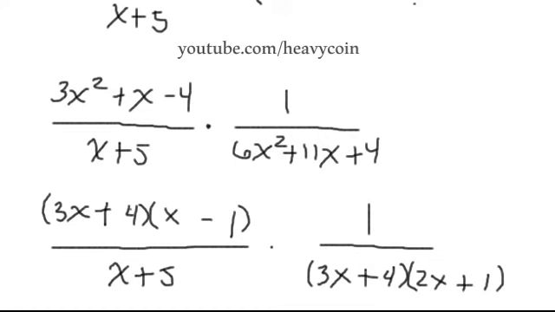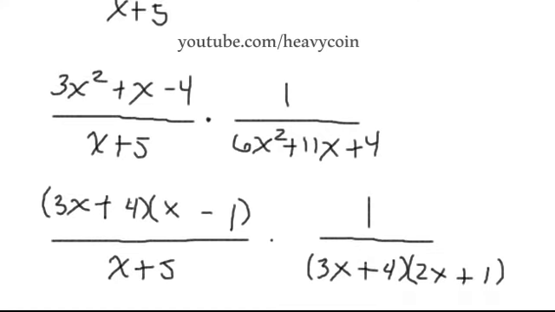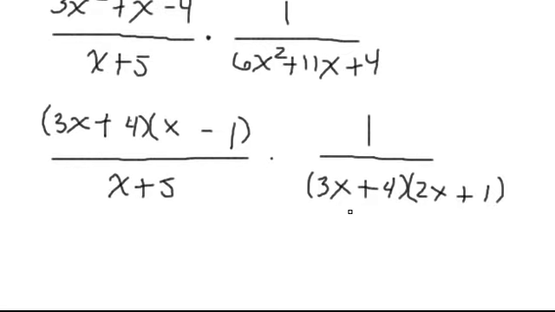So now we can cancel some things out. Actually, you know, I should state this. I'm not sure I did in any of those other problems. Because this is multiplication here, we can join all this together as one single fraction.